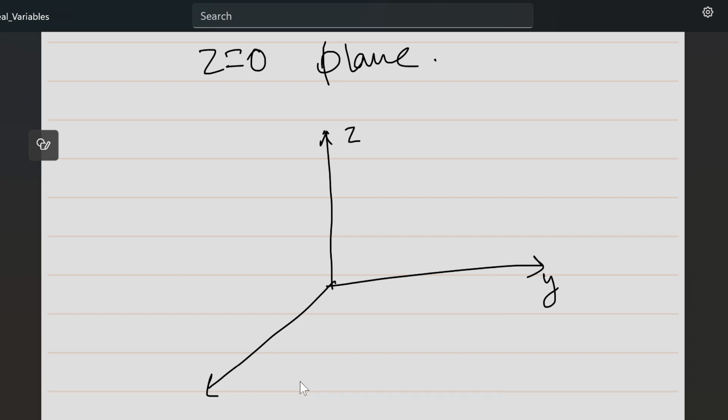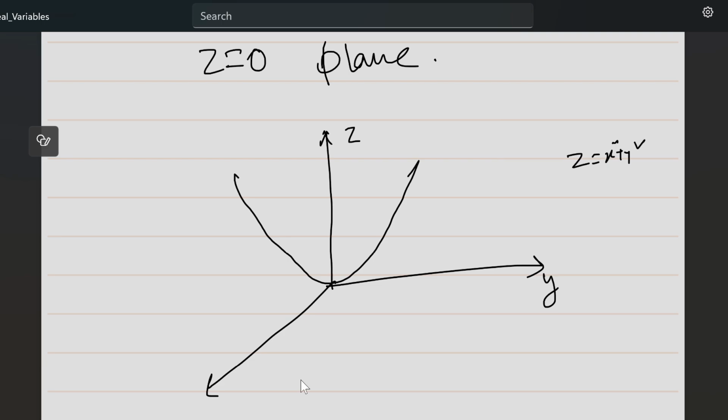So a paraboloid looks like this, right? It is z equal to x square plus y square, so it is this type of thing. Let me draw carefully. This is a paraboloid because z equal to x square plus y square.